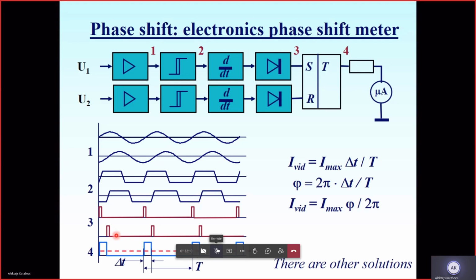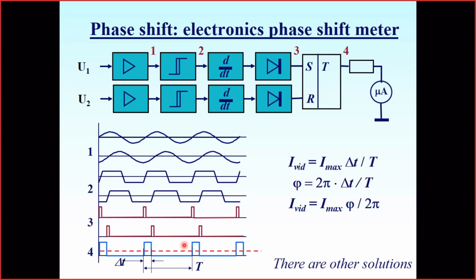It could measure shifts only up to 1 period, because when the shift overgrows 1 period, we couldn't distinguish it. We still consider that it's just a smaller shift. But indeed, in fact, we may get a shift which is higher than 1 period, but we couldn't distinguish it from the small shift.